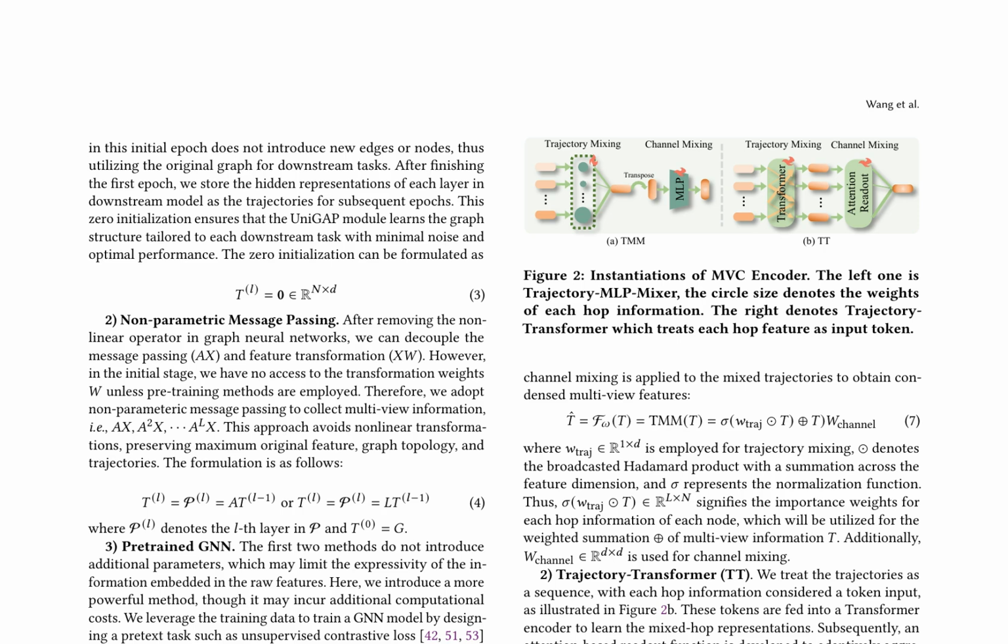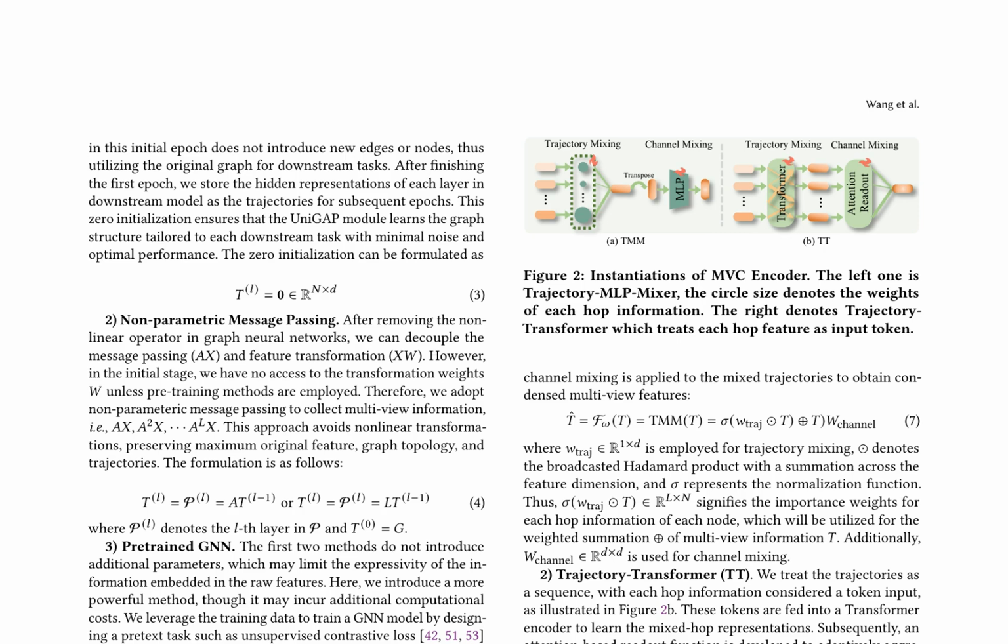Components of UniGAP. The paper introduces UniGAP, a universal and adaptive graph upsampling approach designed to mitigate oversmoothing in node classification tasks. UniGAP consists of four main components: trajectory precomputation, multiview condensation, MVC, encoder, adaptive upsampler, and the downstream model.